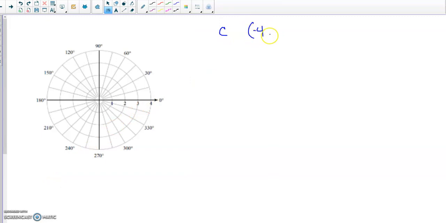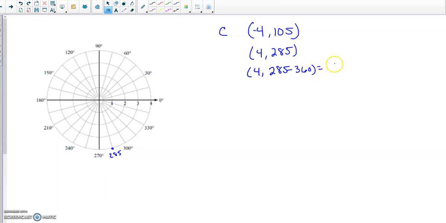And then the last one, negative 4 and 105. Okay, so here we go. Negative 4, okay, here's 105. And we're going to go backwards. So this puts me really right here. So would you agree that this is nothing more than 4 and 285? We can do this. How about 4 and 285 minus 360?